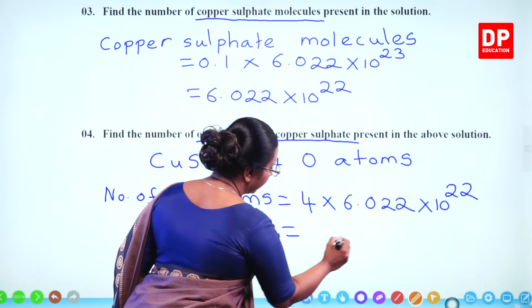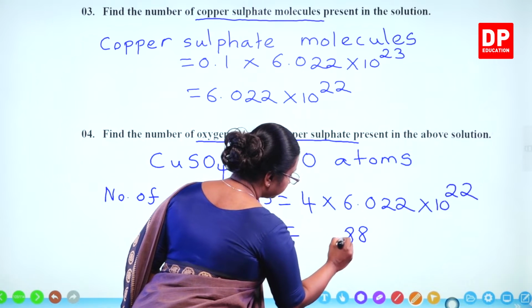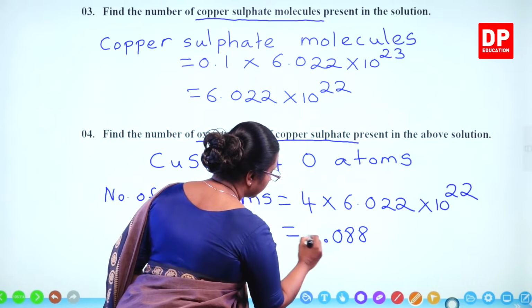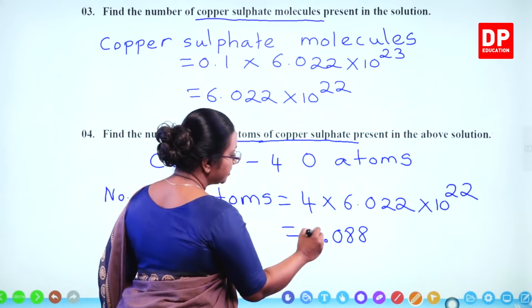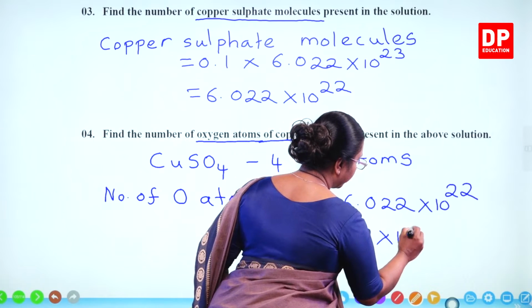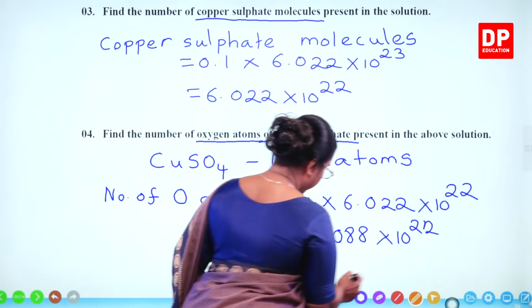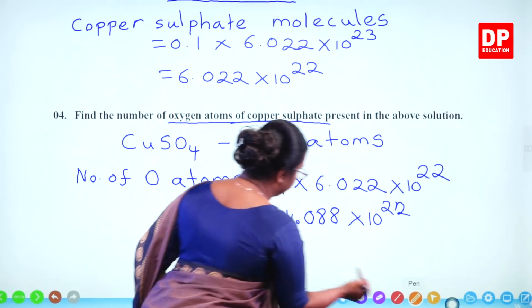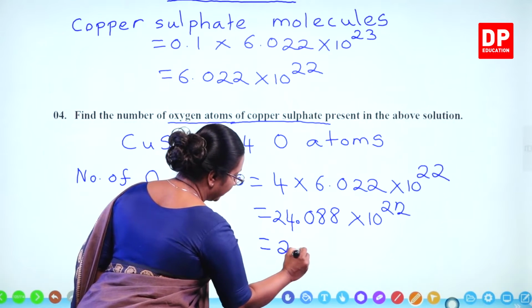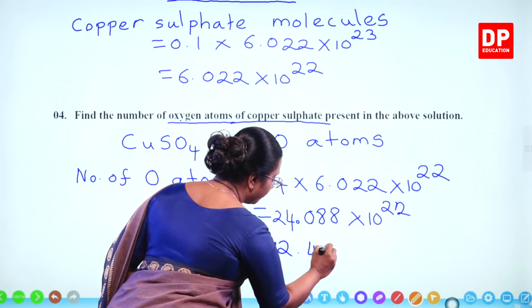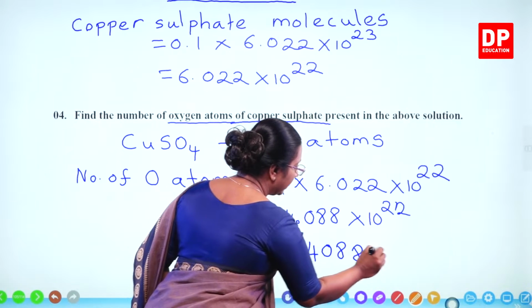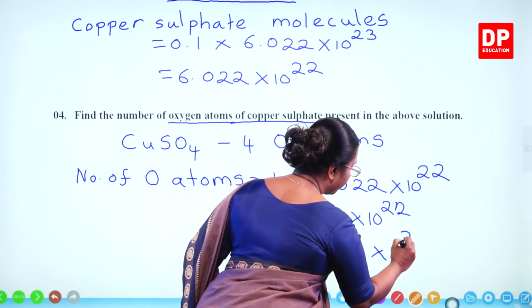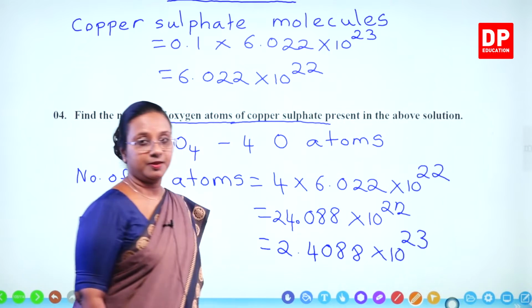So when you calculate the value, 24.088 into 10 to the power of 22. If we rearrange this to get the standard form, you will get the value as 2.4088 into 10 to the power of 23.